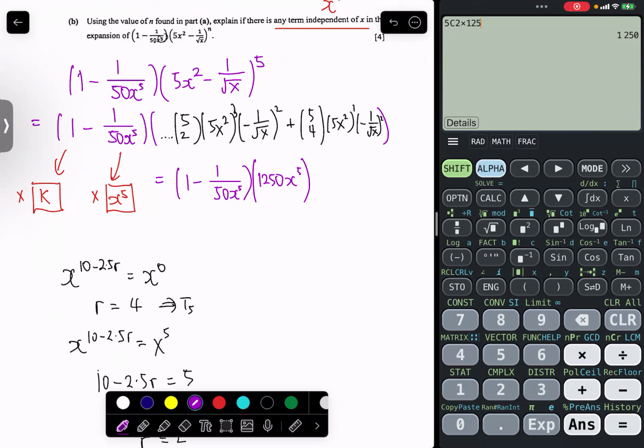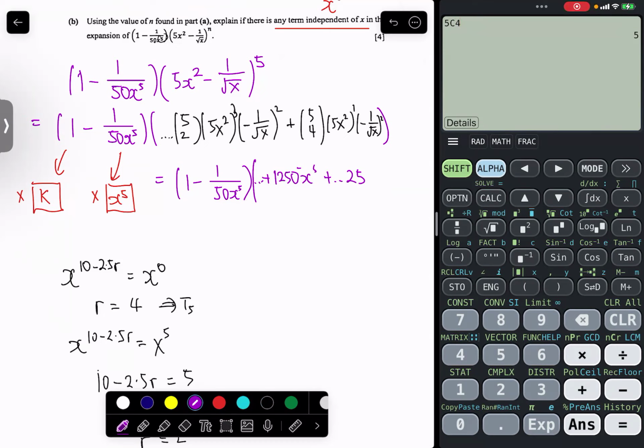Okay, then plus 5, 4. 5 choose 4. Okay, 5 times 5, 25, x to the power 0.